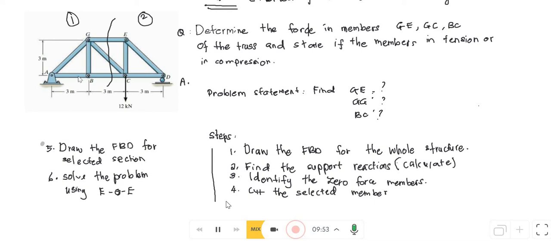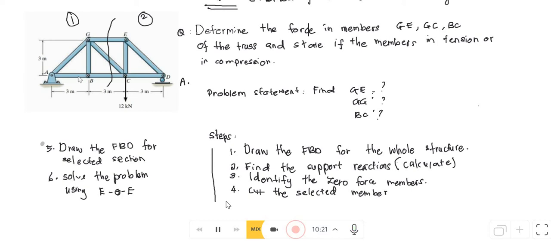For method of sections, it's very important for you to understand completely how to find the moment. If you have not understood this from the previous chapter on finding moment, then you will have difficulty solving this problem. So make sure that you understand completely how to find moment.